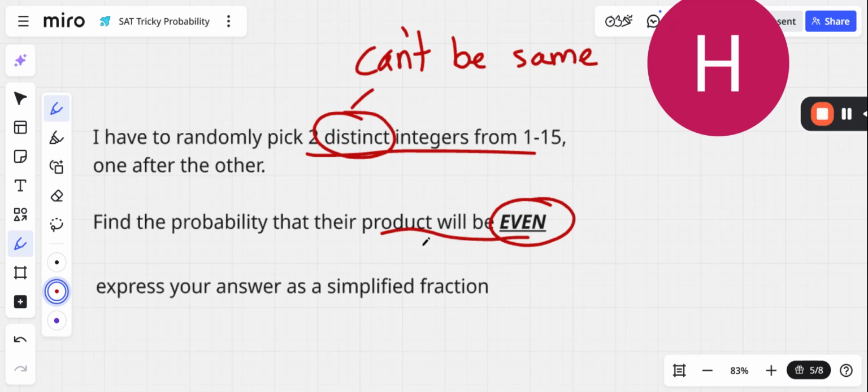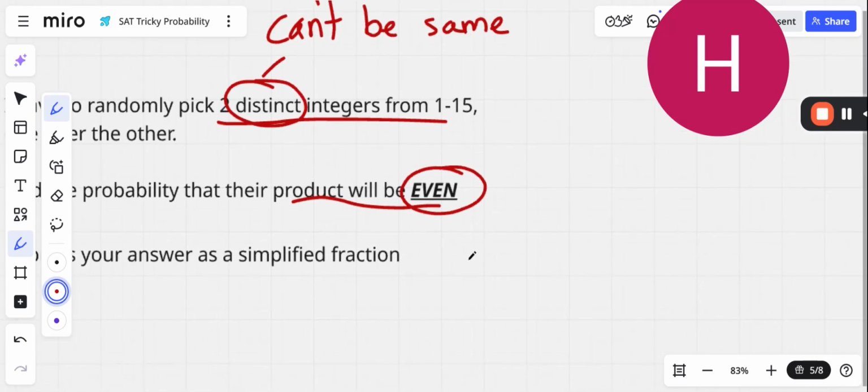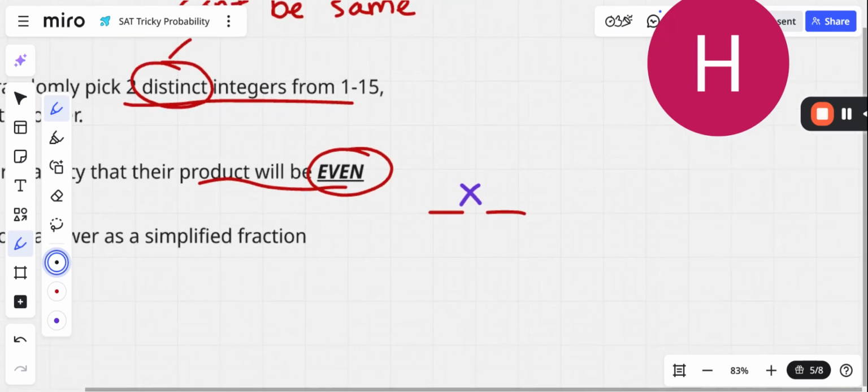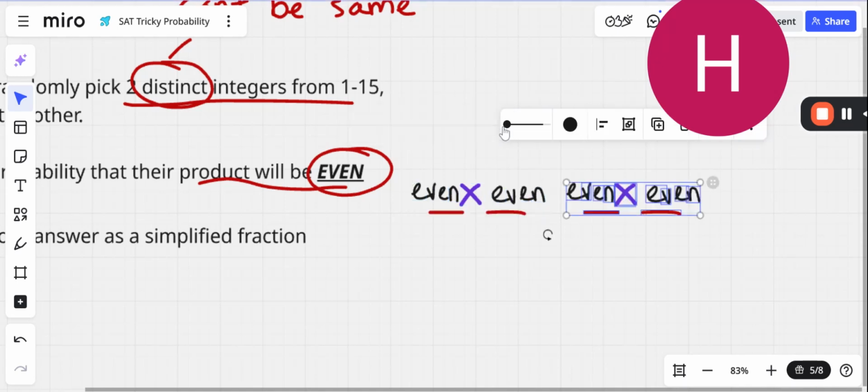How do we know if a product will be even? Well, we're picking two numbers, and we're multiplying them. The only way that this is going to be even is if at least one of them is even. So we could have even times even is obviously going to be even. But we could also have, let's duplicate this a couple times.